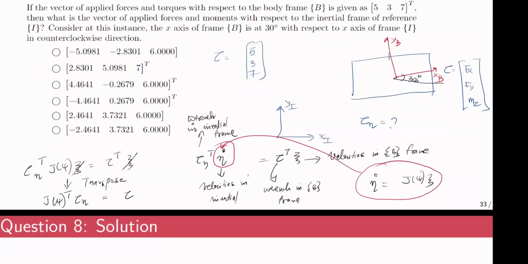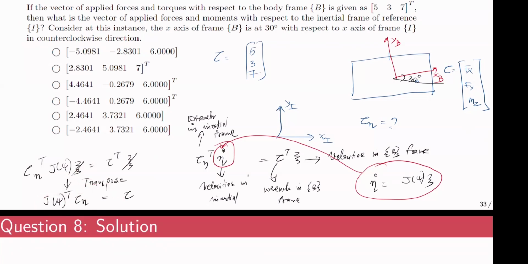And you are asked to find out this tau eta. So you have to bring this Jacobian matrix to the other side. If you bring it to the other side, you have to take the inverse of this. Inverse and transpose are basically the same for a rotation matrix.